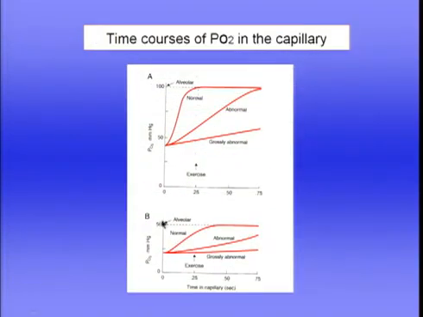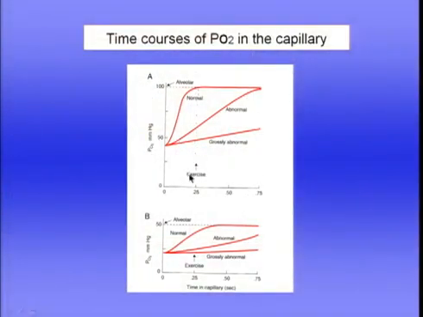So we've looked at the factors that determine whether a gas is perfusion or diffusion limited when it crosses the blood-gas barrier. Now let's take a more detailed look at oxygen, because obviously that's the gas that we're most interested in. And the top drawing here shows what happens with a normal alveolar PO2, which is 100 millimeters of mercury. We'll be talking much more about gas exchange in a later session. But take it from me, the normal alveolar PO2 is about 100 millimeters of mercury. The blood comes into the lung with a PO2 of about 40.